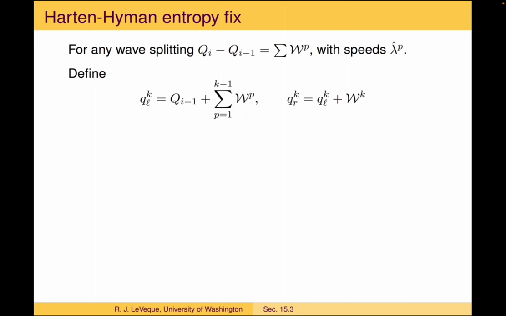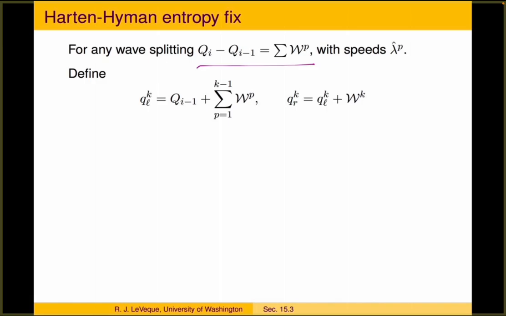Once you've defined your waves, your splitting of the jump of Q into waves based on your approximate Riemann solver, whatever that is, in the kth family we can define the state between Q_i plus all of the waves with index less than k, and the state to the right of that jump, which is that same state plus the jump across wave k.